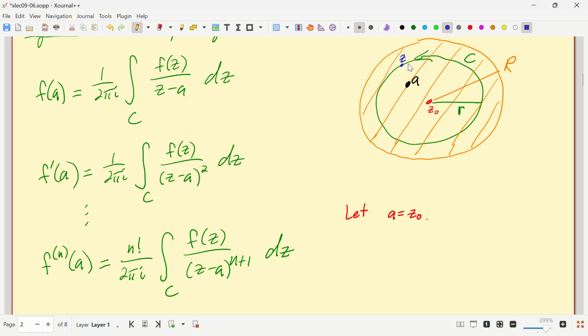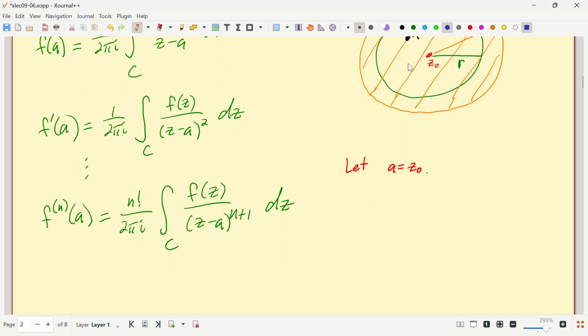And so I estimate this using the basic estimate, and let's say that the absolute value of f is less than or equal to m on the trace of the curve.